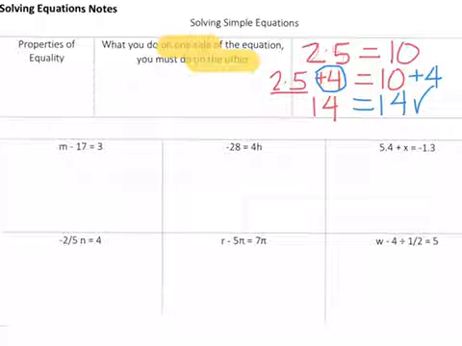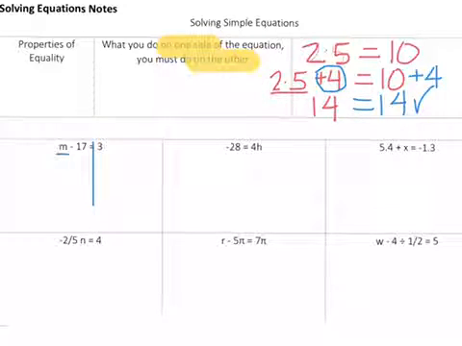So, what we're going to do is work on a couple simple equations. What you're going to do is do the inverse property to solve for the variable given. So, for example, the first one, I have m minus 17 equals 3. What I like to do is draw a wall, and our goal is to get that unknown variable by himself.